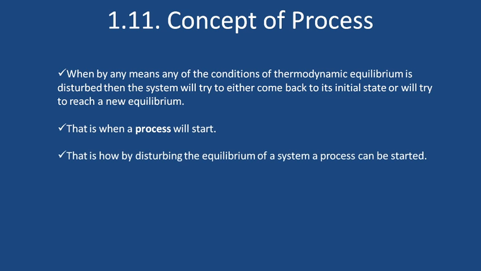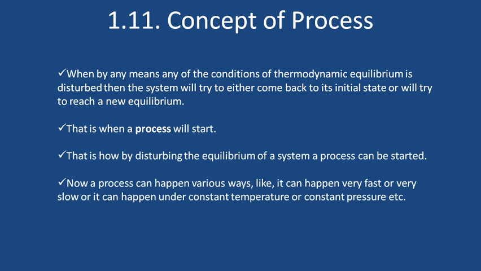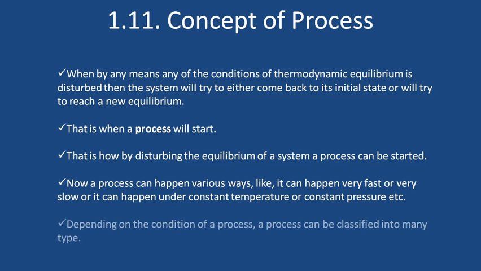Now, a process can happen in various ways, like it can happen very fast, it can happen very slow, or it can happen under a constant pressure at a constant temperature, or it can happen at constant volume. Depending on these conditions, the various processes can be defined.